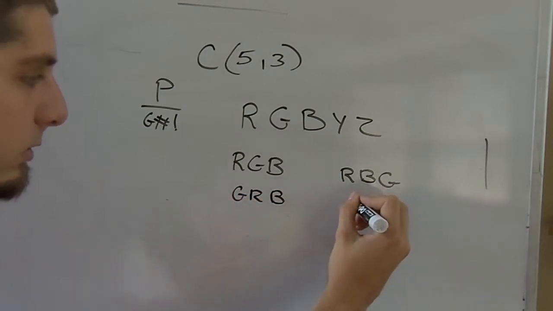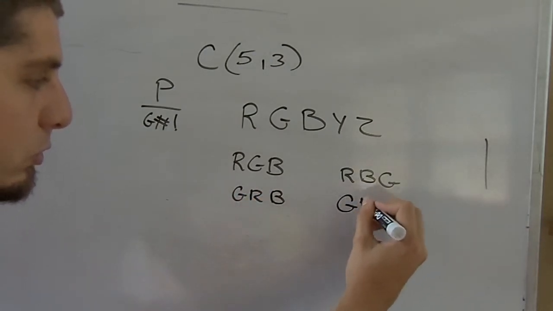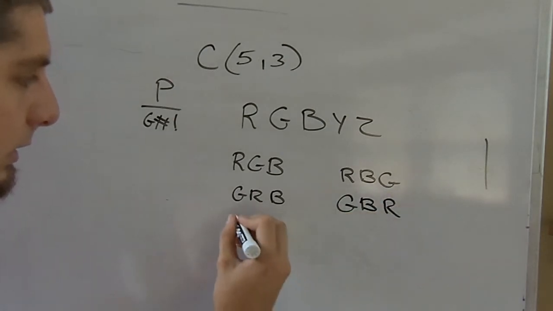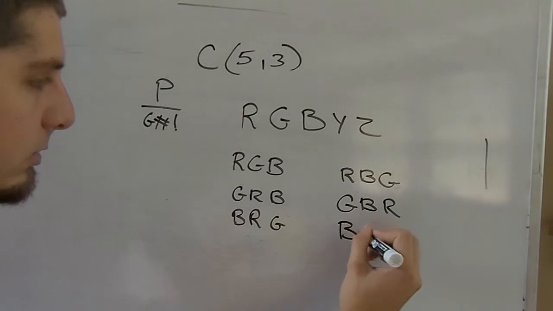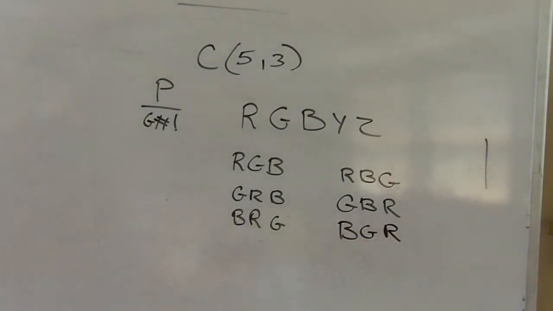I can write it as GBR. I can write it as BRG or BGR. Those are all the different possible ways I can write this group of 3. I can only write any group of 3 in the world 6 different ways.